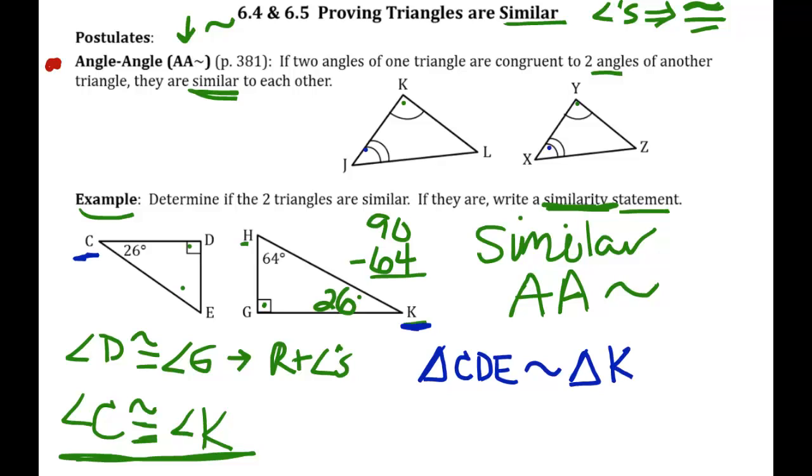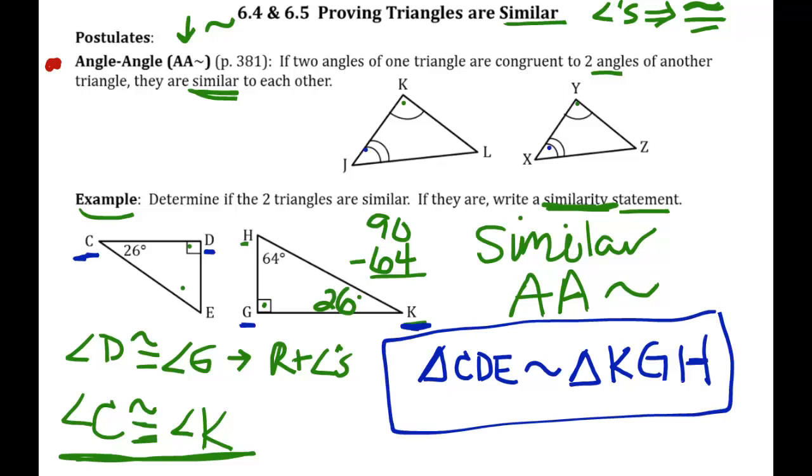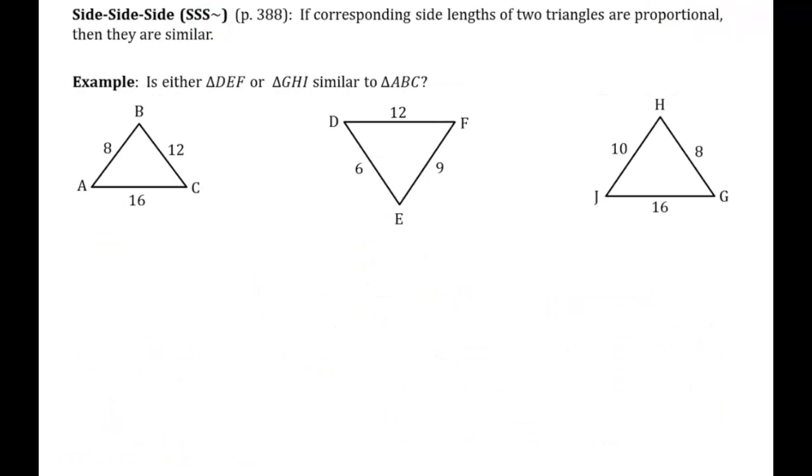Then I went to D, which is the 90-degree angle, so I have to use G here. The second letter should be the 90-degree angle. And the last one, KGH. And there is your similarity statement between the two triangles.